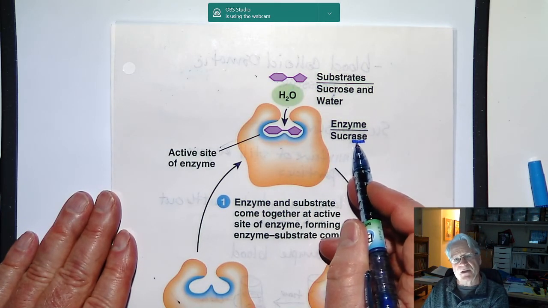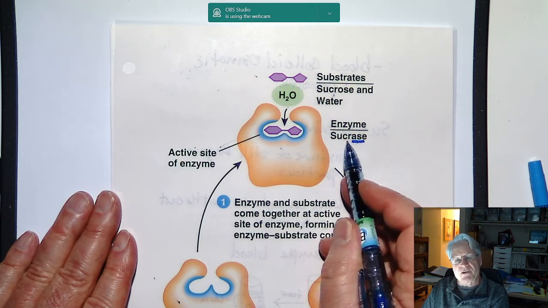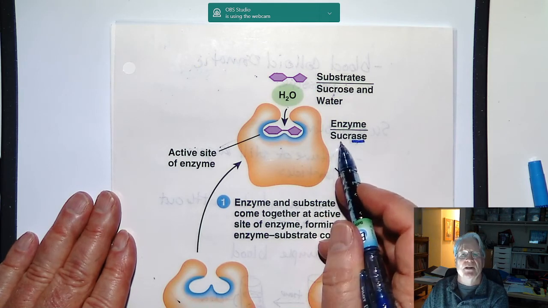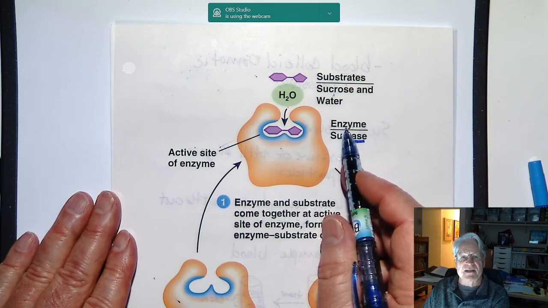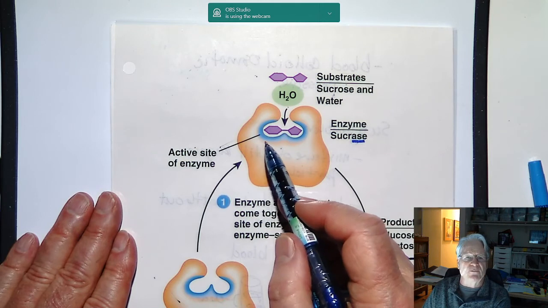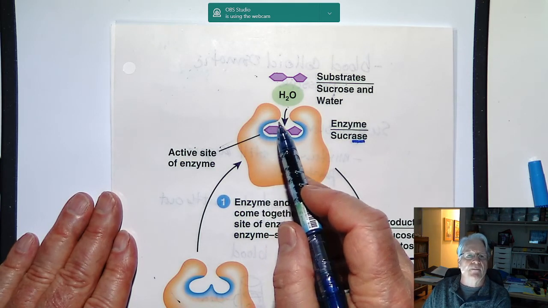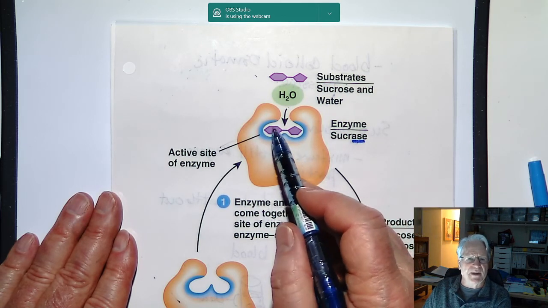So here's something that you should pay attention to, the ending, ASE. Whenever you see a word with that ending on it, it's telling you that I'm an enzyme. So sucrase, it's telling you I'm an enzyme because I have this ending, ASE. So that's my enzyme. And with every enzyme, there is a so-called active site. And this is, you can see here outlined in blue. So that's my active site.